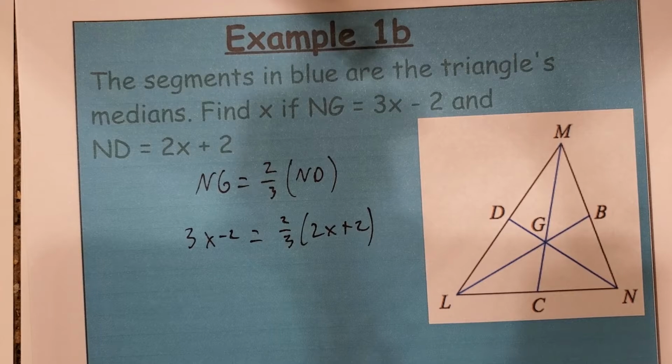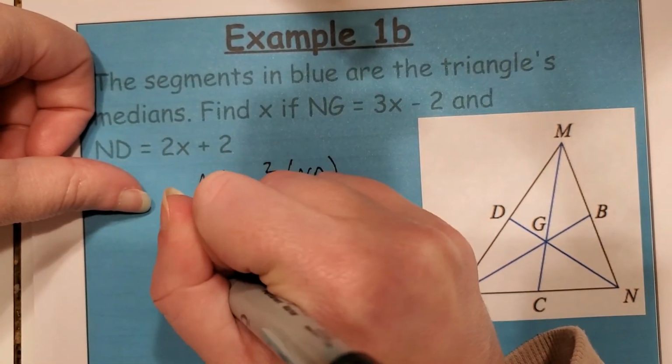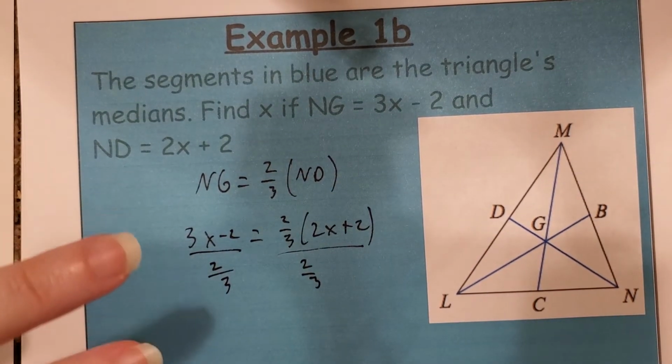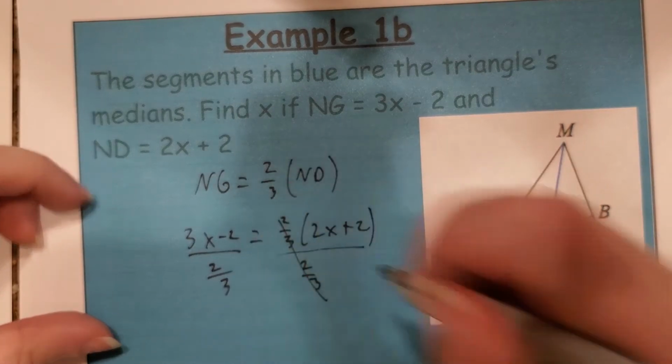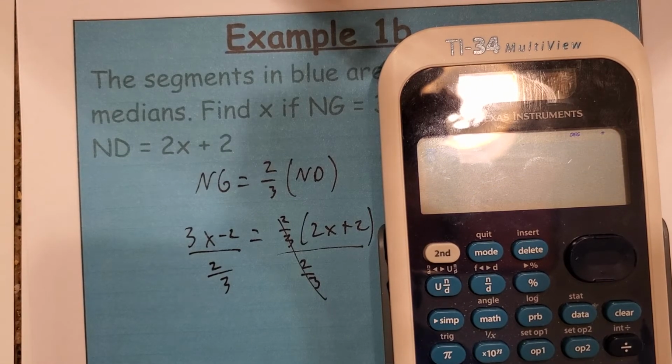So if we do what we did before, and we divide everything by 2/3, that's the same thing as multiplying by 3/2. So this cancels out, and if we multiply by 3/2 instead, that might get us some nicer numbers.